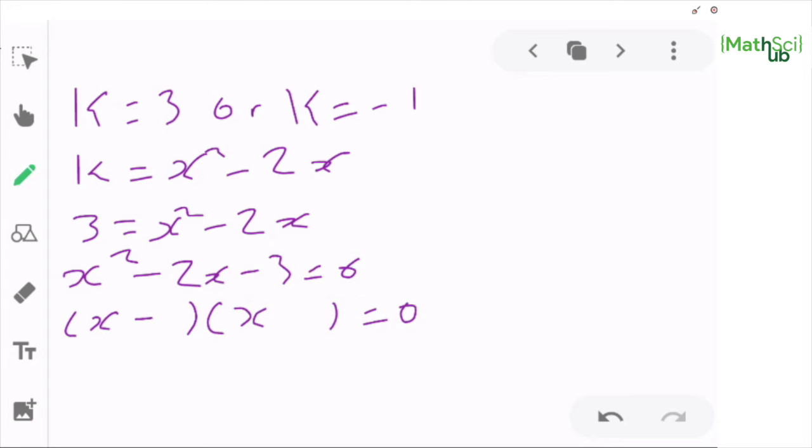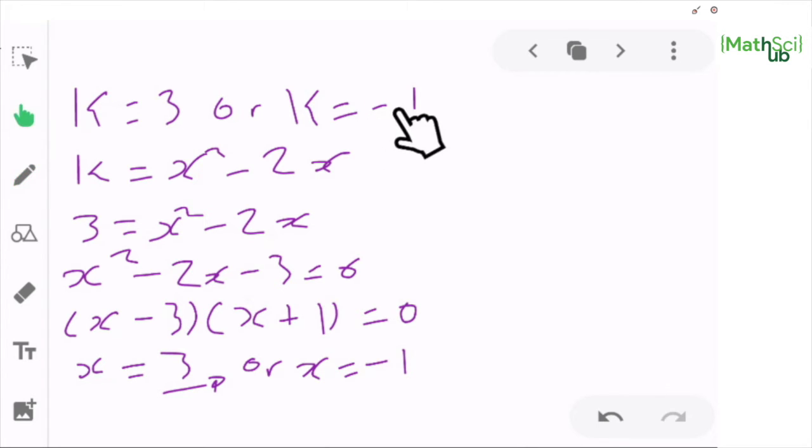In this case it's minus 3 plus 1. So your x equals 3, and or your x equals negative 1.